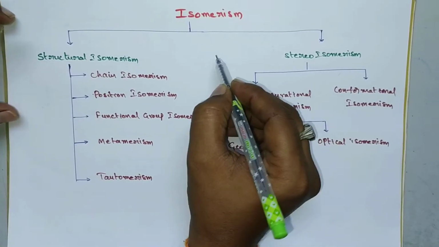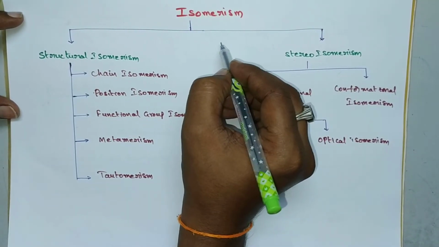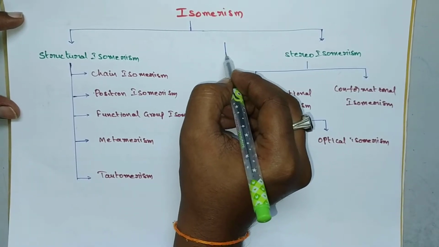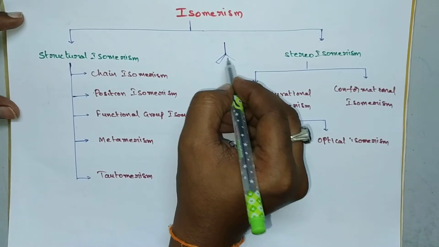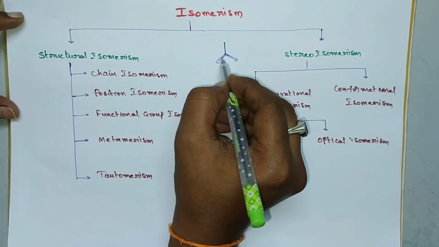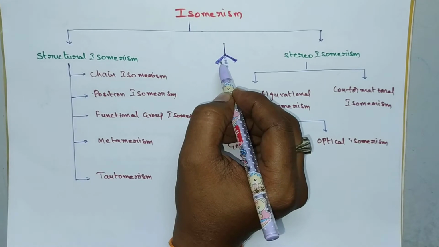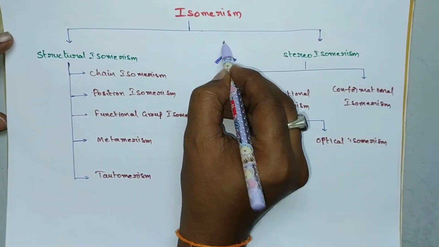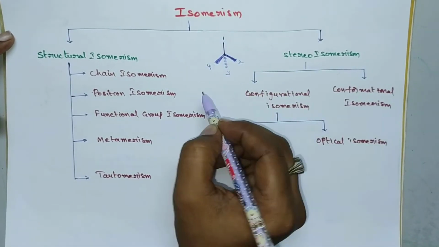Here this is the central atom, and these are the bonds. Four other atoms are there, let them be the first, second, third and fourth.